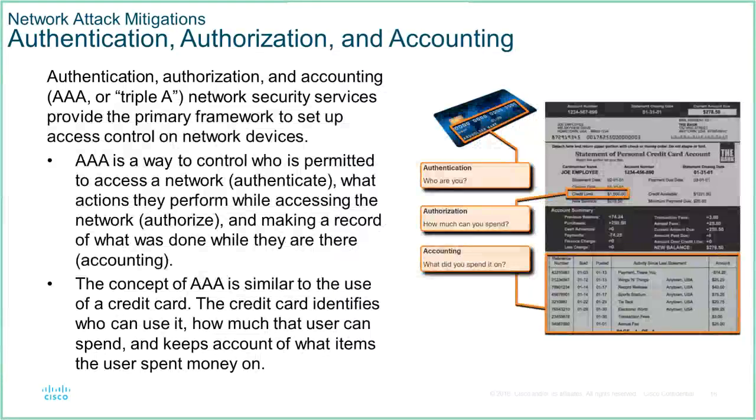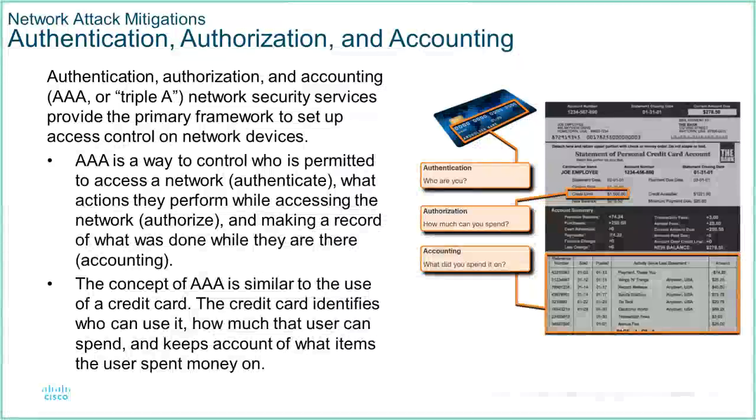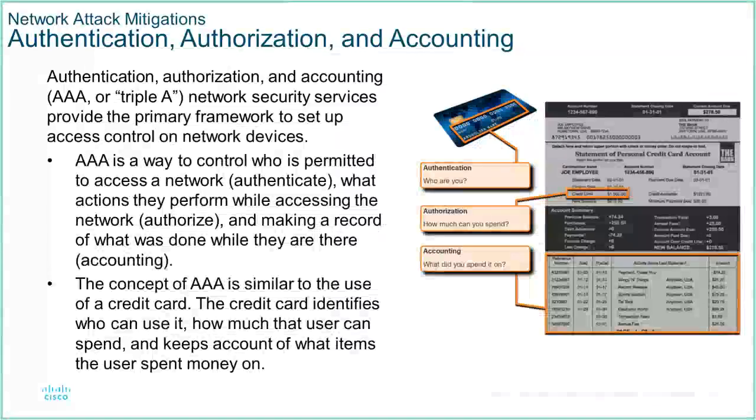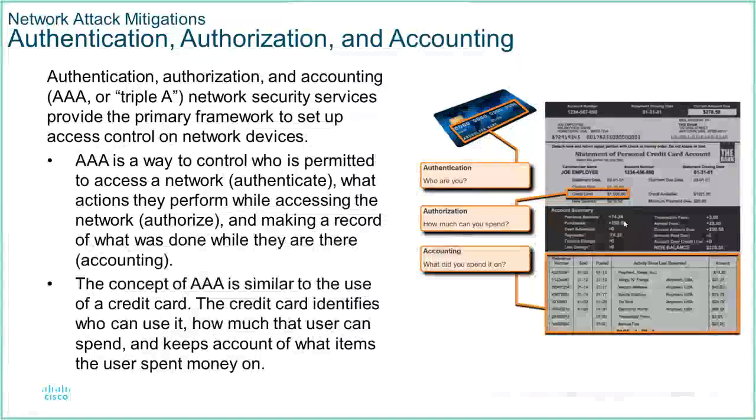You can have access to a certain amount of money. And accounting is keeping track of what you did when you were accessing that. So again, within the credit card system here, keeping track of what you purchased using the credit card, for example.